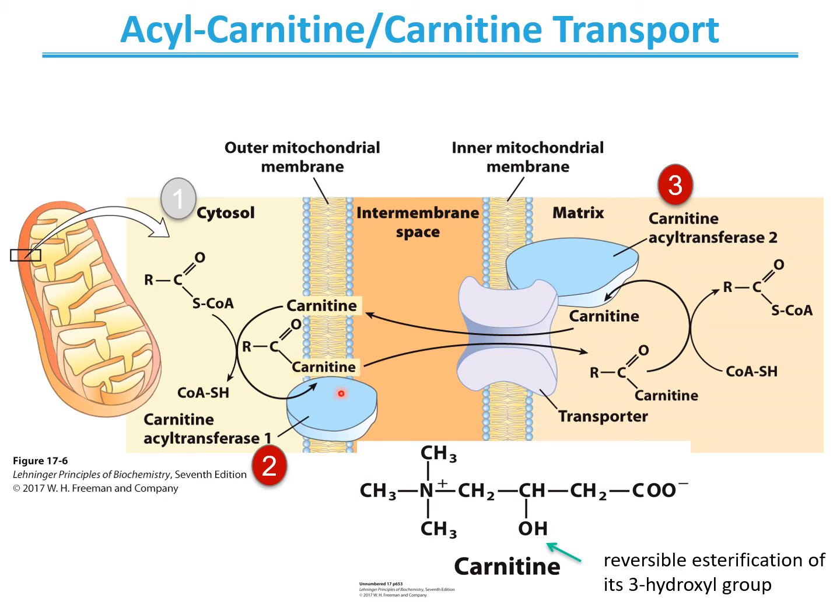This conjugate can then diffuse in the intermembrane space and be recognized by this transporter, which allows the transport of our fatty acid carnitine inside the matrix of the mitochondrion. Then the fatty acid is released, conjugated again with coenzyme A, and carnitine is released, which can be recycled to the outer mitochondrial membrane.